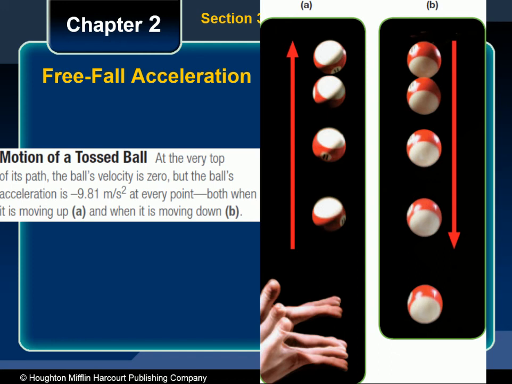After 1.0 seconds, meaning delta t is equal to 1.0 seconds, the ball's velocity will change by negative 9.81 meters per second, all the way to 0.69 meters per second upward. After 2.0 seconds, that is to say delta t is equal to 2.0 seconds, the ball's velocity will change again by negative 9.81 meters per second to negative 9.12 meters per second.